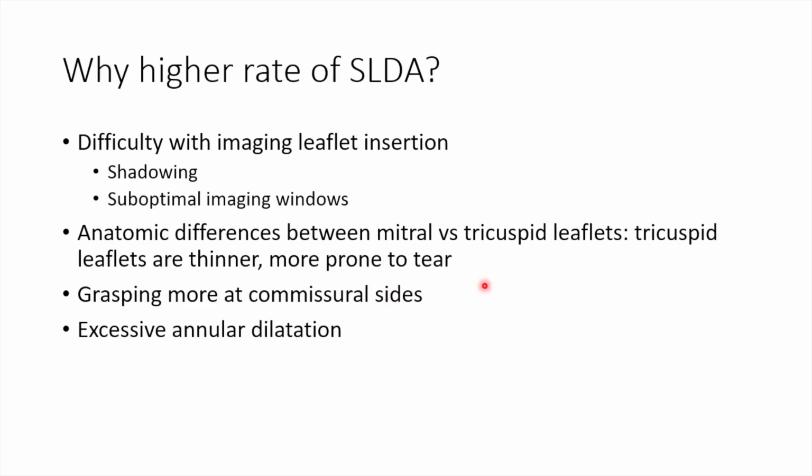The tricuspid leaflets are thinner, and so maybe more prone to tearing. And going back to the initial case, sometimes we're grasping at the commissural sides, in which the leaflets are actually smaller in that area, and so maybe more prone to an inadequate grasp at that point. And then we see much more significant tricuspid annular dilatation, which can actually create more tension on those leaflets.